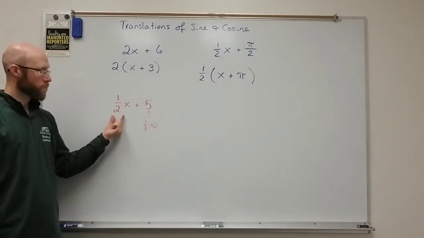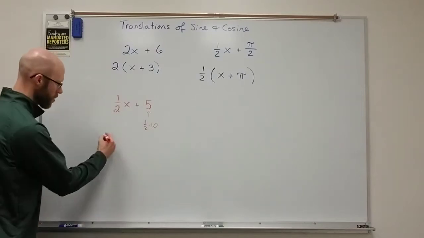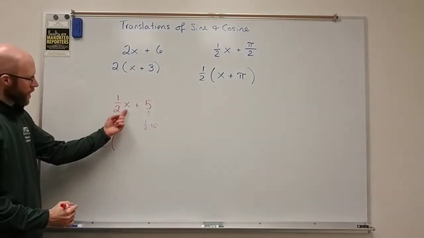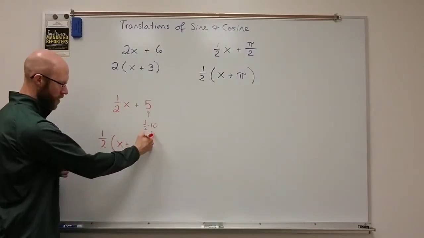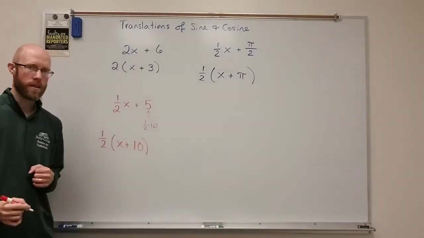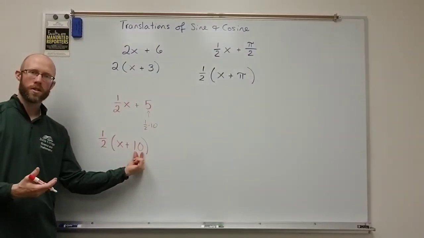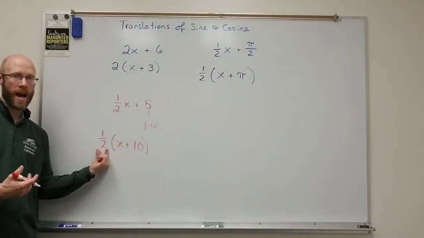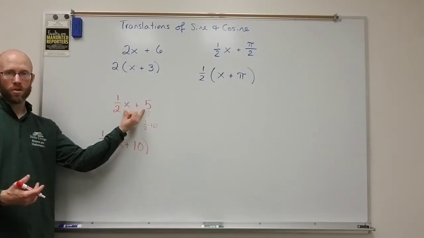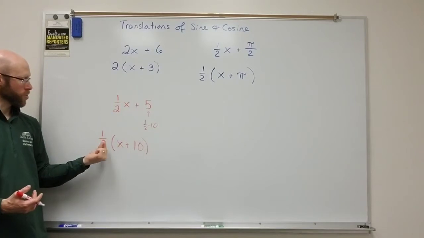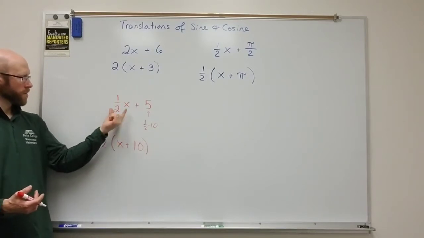So if you were to factor out or pull out a factor of 1/2, you would be left with an x and a 10, okay? In other words, the remaining terms are the two things that you would have to multiply by a half to get the two original terms, right? So what do you multiply by a half to get 1/2 x?